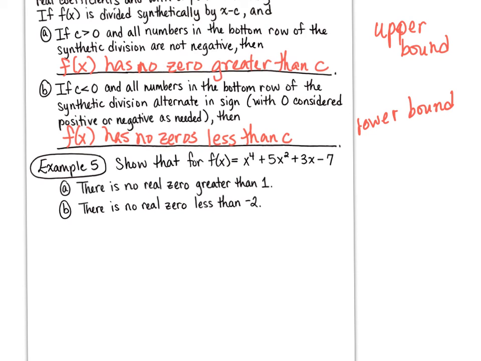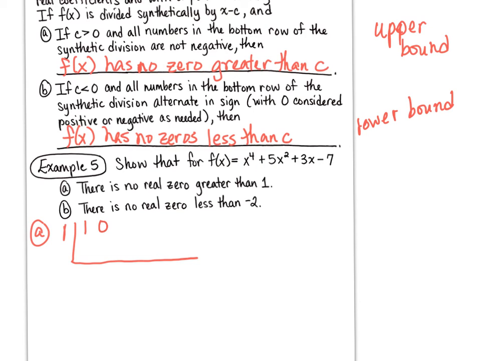So our c is 1. What are your coefficients? 1, 5, 3, and -7. What is missing? 0. Good. There is no term of degree 3, so you have to put a 0.